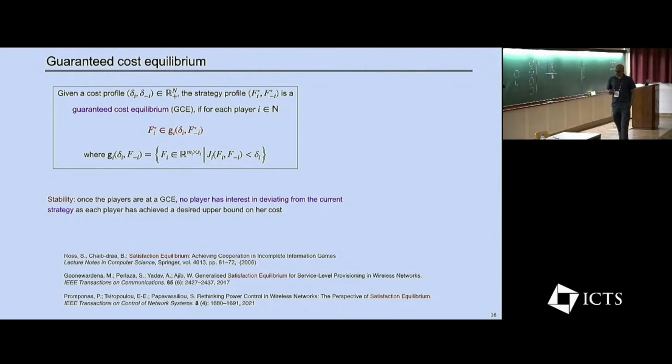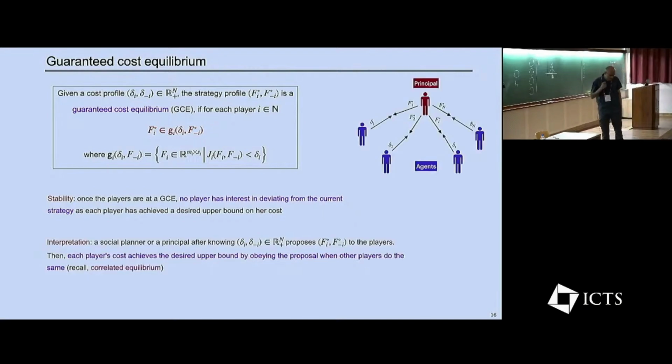Okay, so we have this guaranteed cost equilibrium, but how do we interpret it? It can be interpreted as follows. We have n players, who have their private costs and cost bounds, delta i's. They can reveal their cost bounds to the social planner, and the social planner will compute this equilibrium and privately propose to each player what strategy they should be playing.